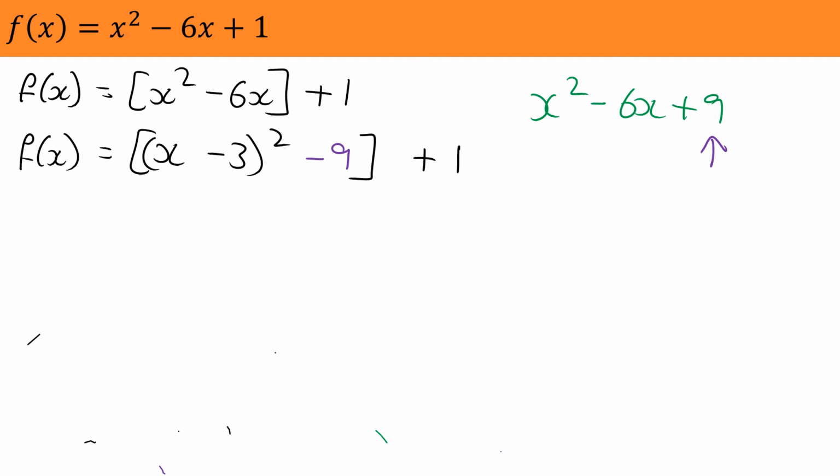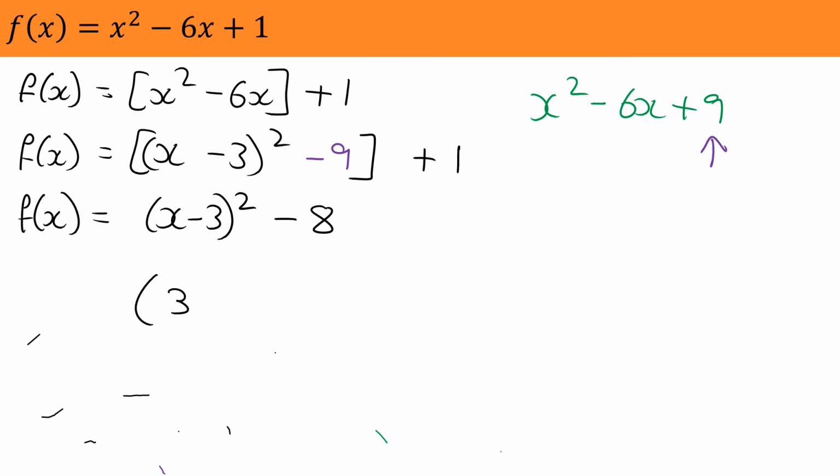Then it's only a matter of tidying this up again. So I get f of x is equal to x minus 3 squared, and I have my minus 9 plus 1, which gives me minus 8. And again, this graph has a turning point at 3, minus 8. And notice that the x again has changed sign.